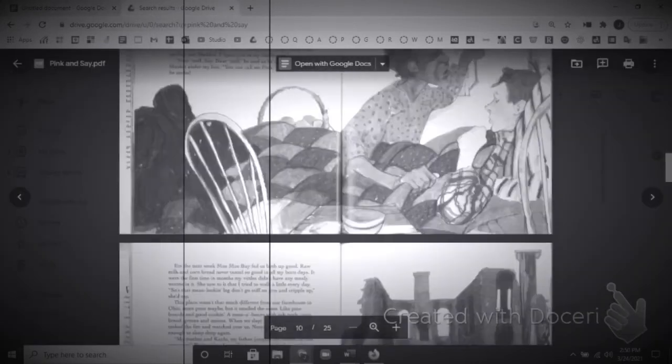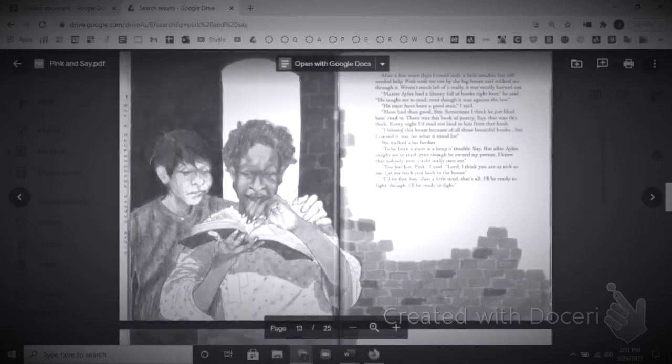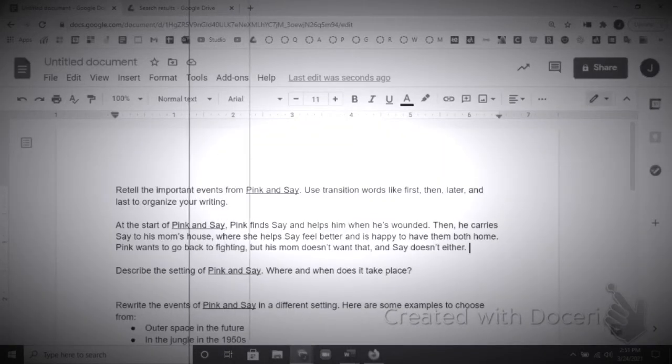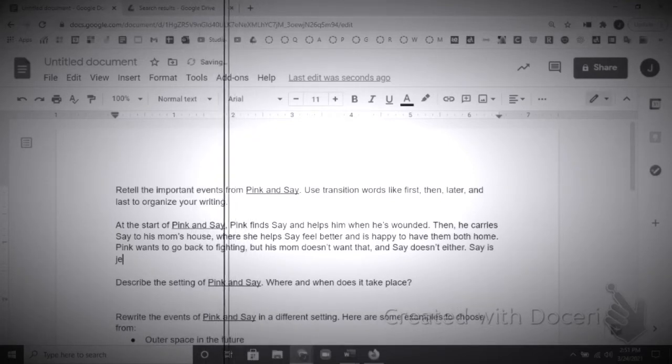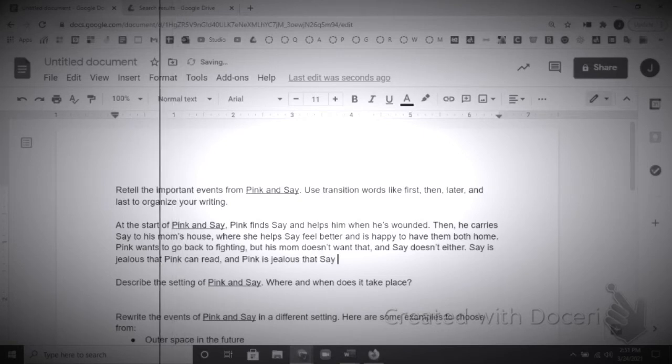We can talk about how Say is jealous that Pink can read, and Pink is jealous that Say has touched Abe Lincoln's hand.